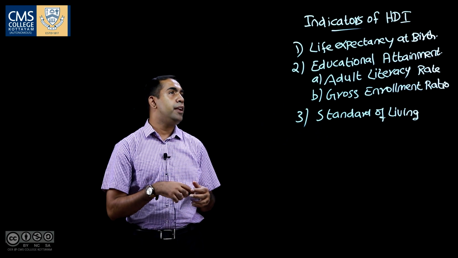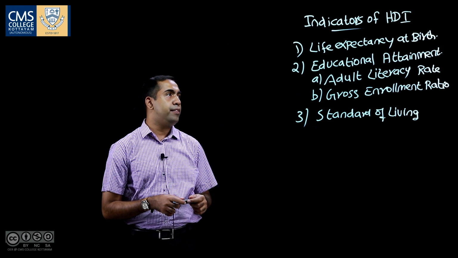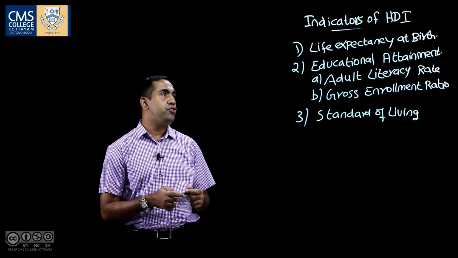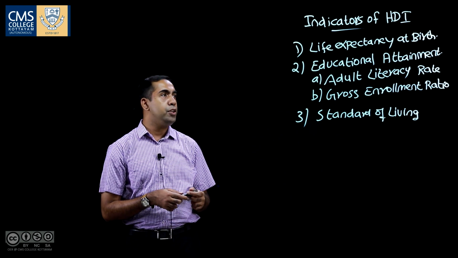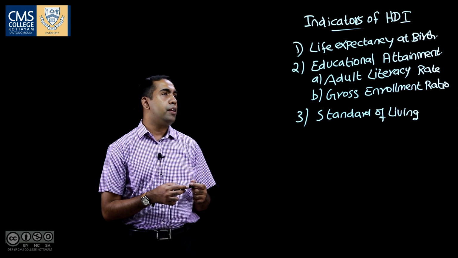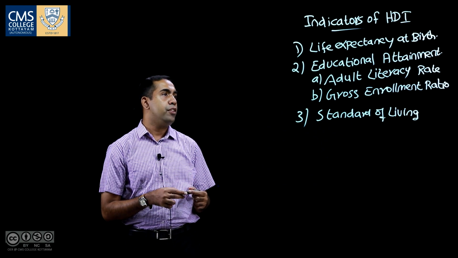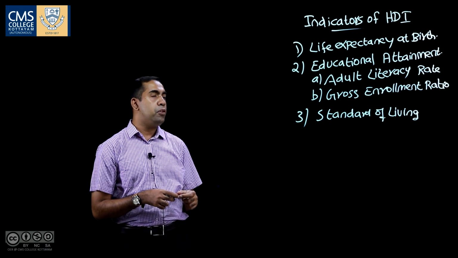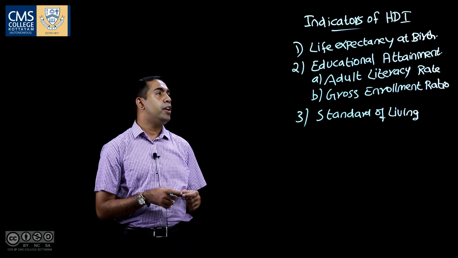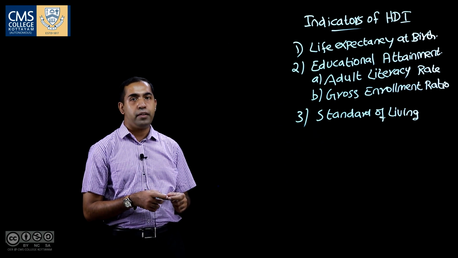The first indicator is life expectancy at birth, the average number of years a newborn child is expected to live. Educational attainment, that is the ability of a person to read and write, is divided under two heads: adult literacy rate and gross enrollment ratio. Adult literacy rate denotes the capability of a person aged 25 years and above to read and write.